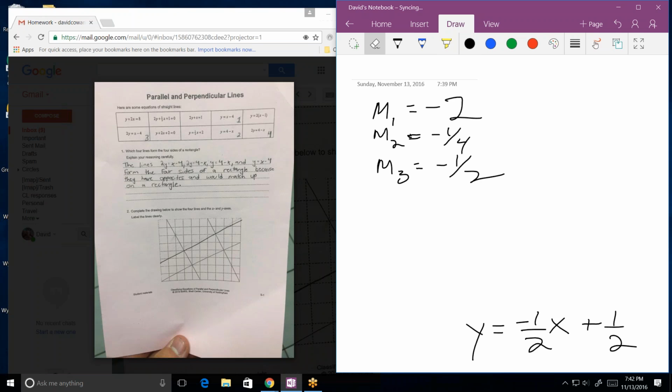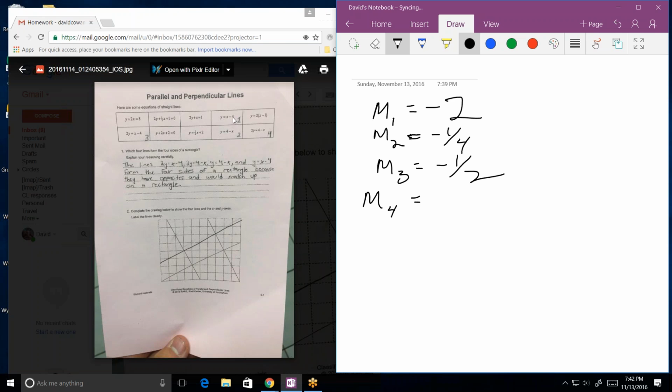With me? Okay, so what's the slope of the 4th one? That's already pretty easy. That's in mx plus b format already. So what's the coefficient of x? 1.